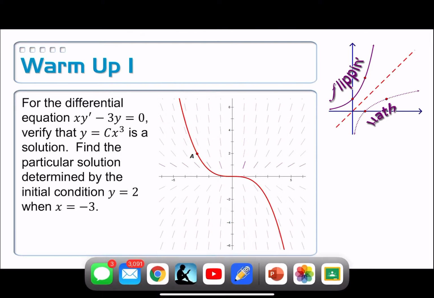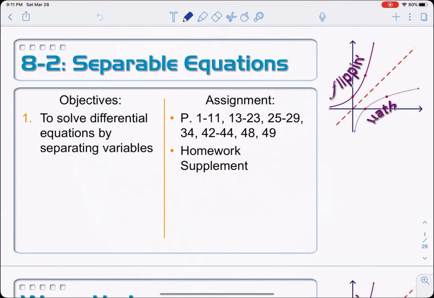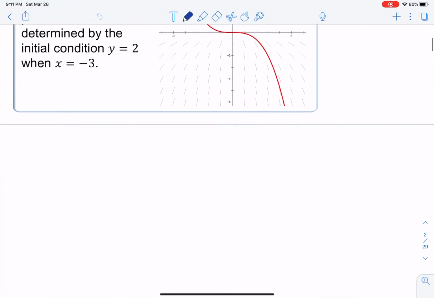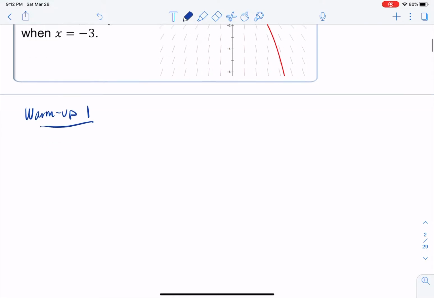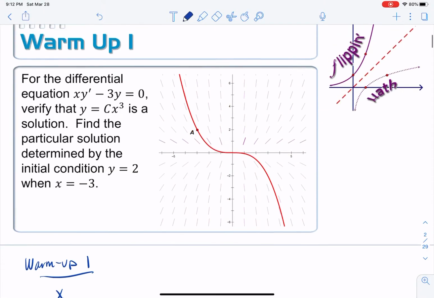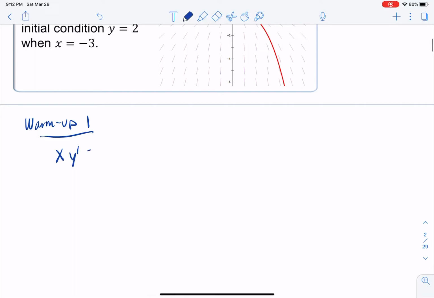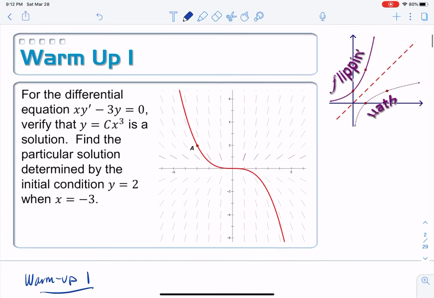All right, so I'm going to flip over here and actually verify that that is the case. Warm up 1. Our differential equation was xy prime minus 3y, I think, is equal to 0. Yep, looks good.